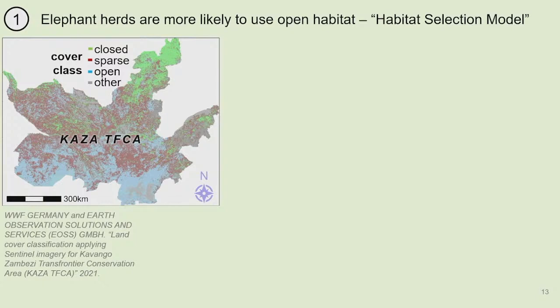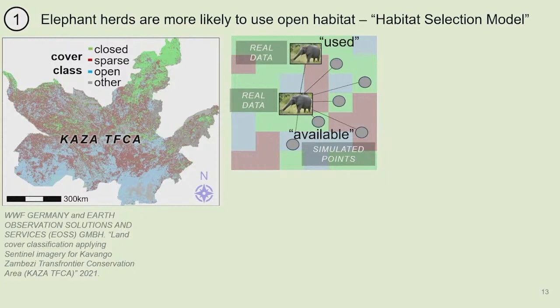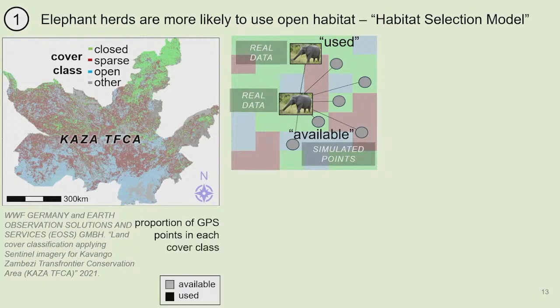So very briefly, the way that this works is you have some kind of a landscape. You can imagine this is one of those points on the map, and we take real data from a real elephant. We give it a bunch of available places that it could have walked to, and compare those to the ones that it actually did walk to. And if you compare those two sets of points, you can get a proportion in each cover class used versus available.